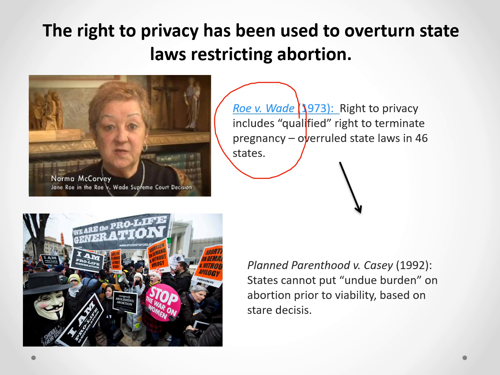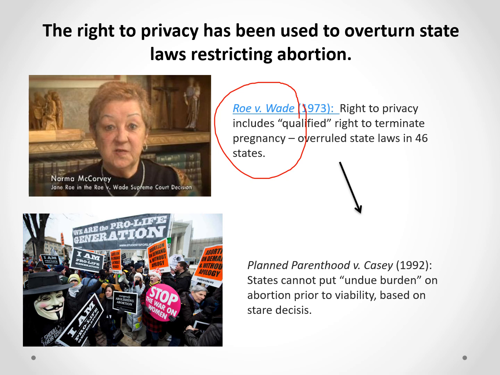The risk is that you could actually get bad case law for the pro-choice camp and have Roe versus Wade overturned. Nonetheless, in 1992, the Supreme Court upheld Roe versus Wade, and they simply said that states cannot put an undue burden on abortion, at least not prior to viability.